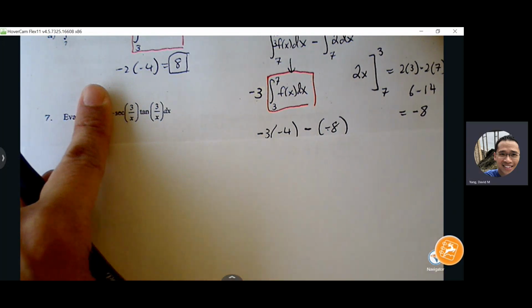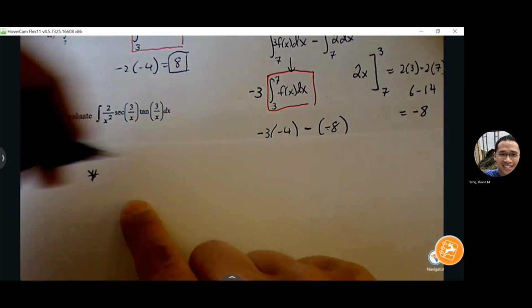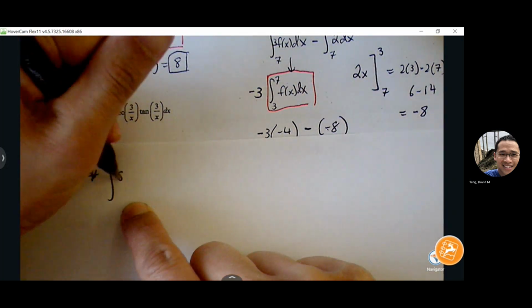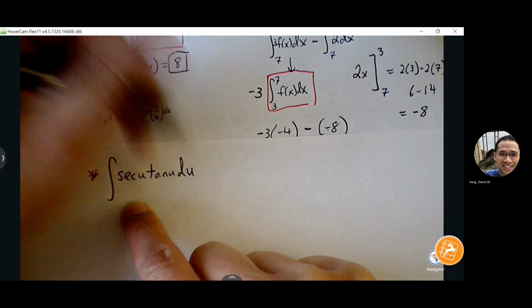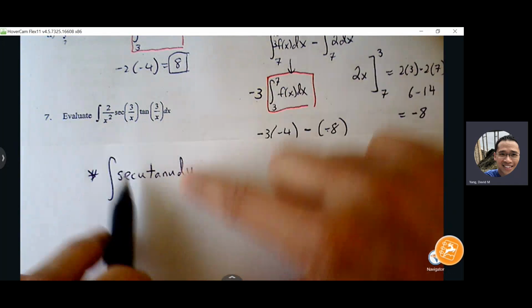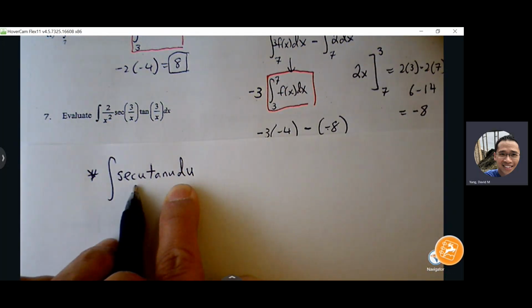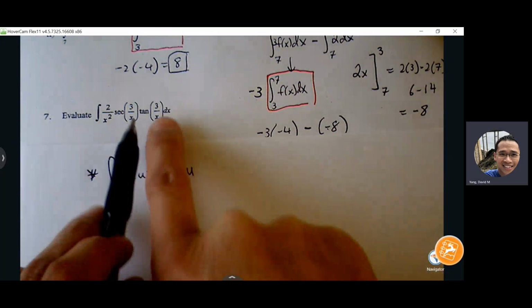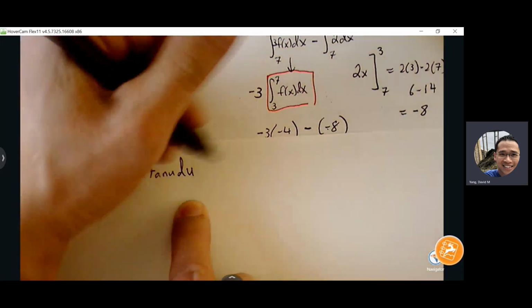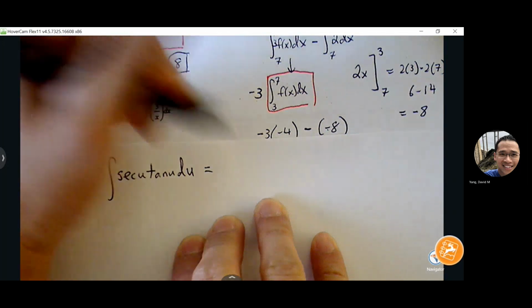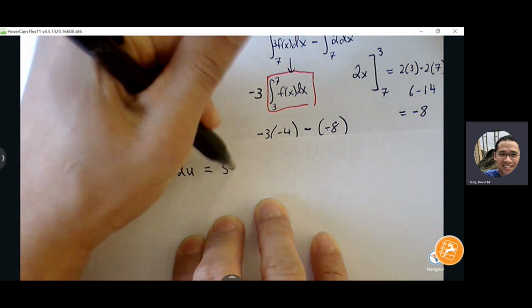But in terms of what rule do you think we can make this eventually look like? Does this look like this rule? Yes. All right. So if I can somehow work towards this rule, then we have a rule that we can follow, right? What's the integral of secant tangent? Secant.